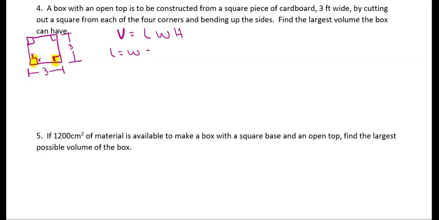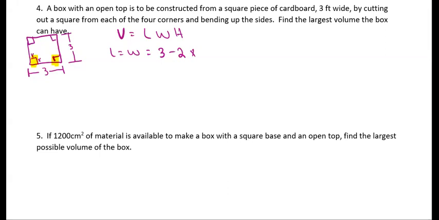So both the length and the width are going to look like that original 3, minus 2X: 1X from this corner, 1X from this corner that you have cut out. So we're making some progress here.